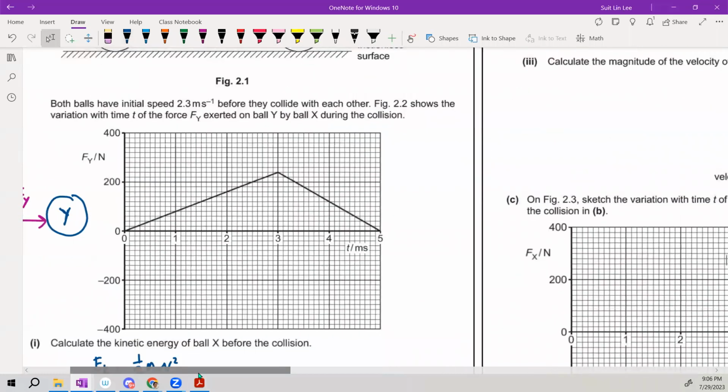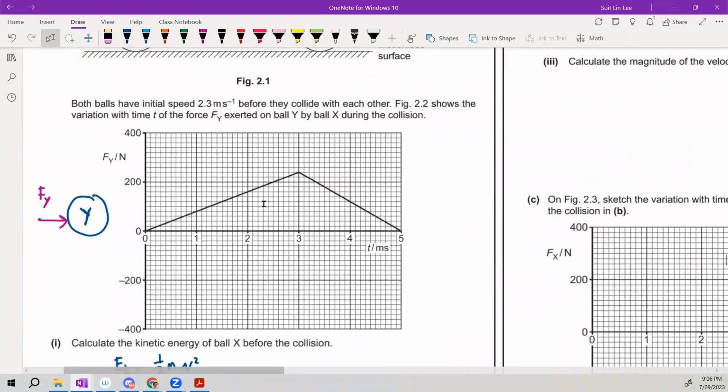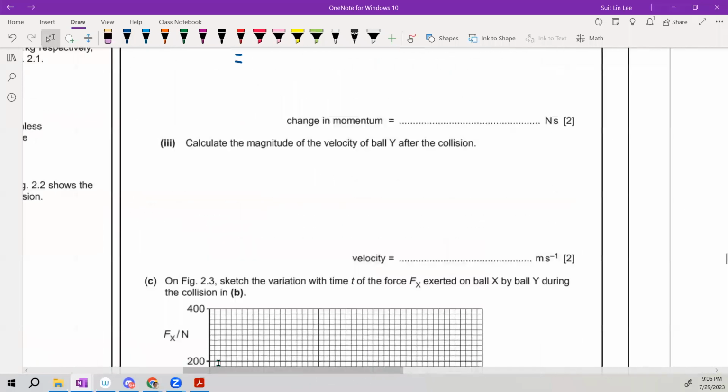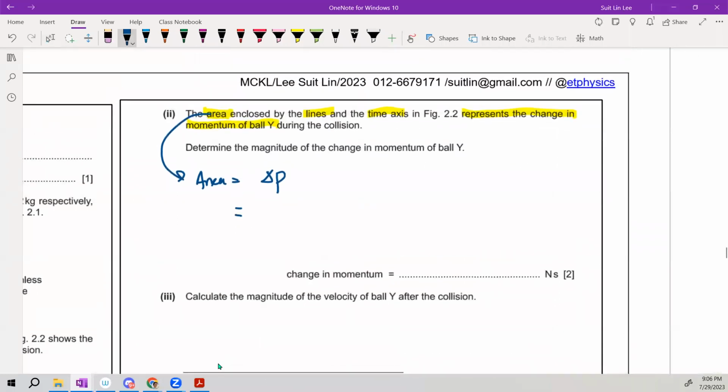So from here, if I want to look for the area, I will take half times base times height. And this height here is 2, 4, 6, 8, 10, 240. So half times 240 times the base, which is 5.